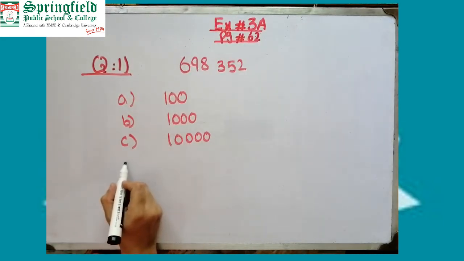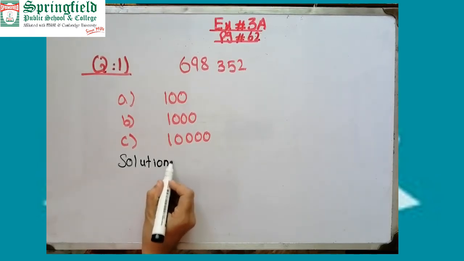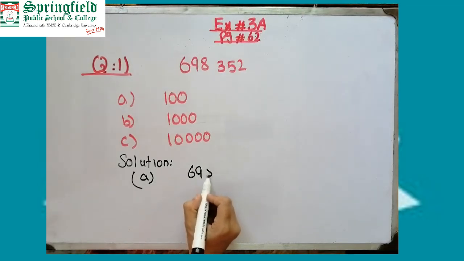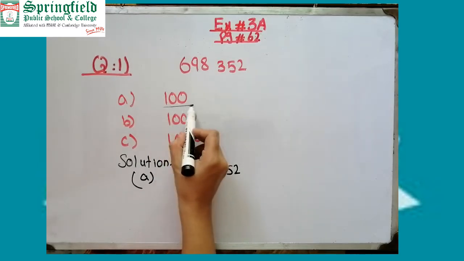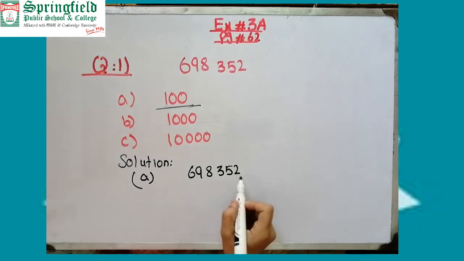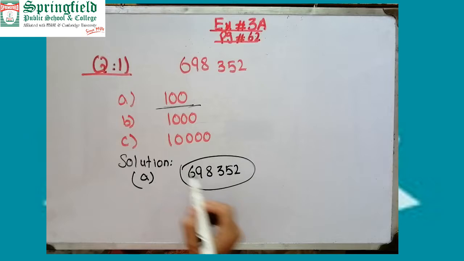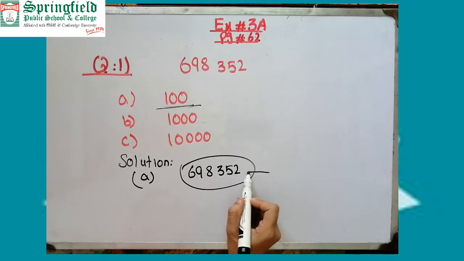So beta, the A part: 698352, round off this number to the nearest 100. It means this is a whole number, and we will start counting from the right side.